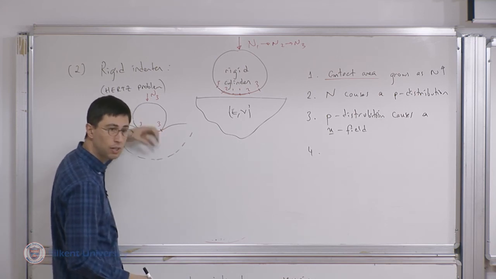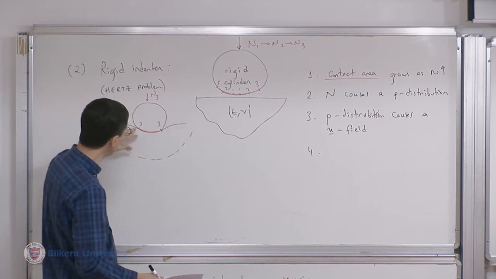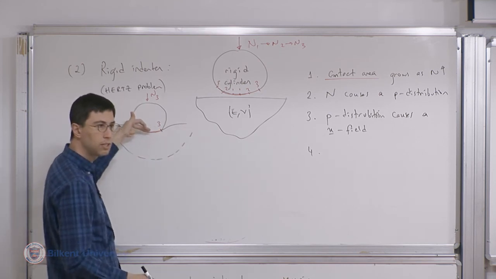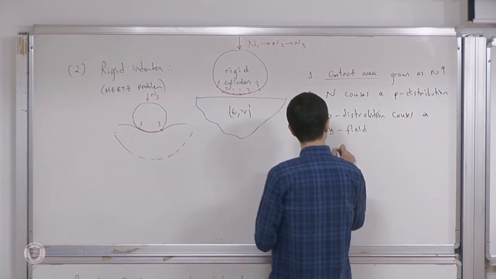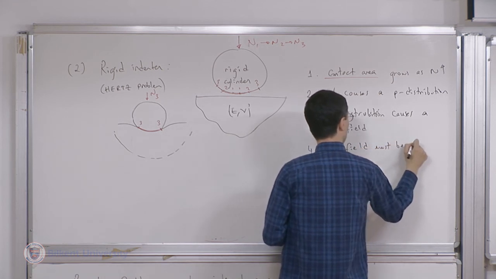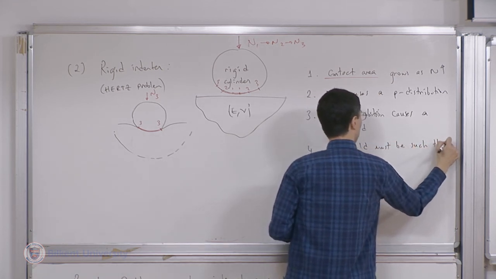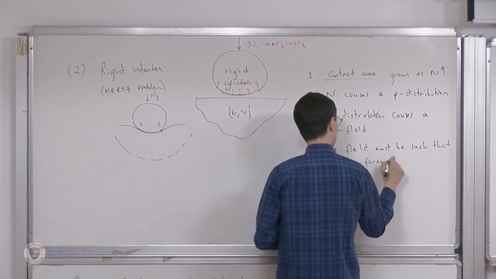In other words, the elastic body takes the form of whatever object is indenting it, right? So the U field must be such that it conforms to the geometry of the cylindrical indenter.